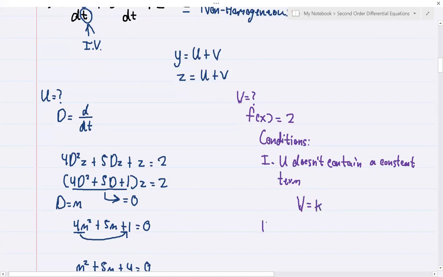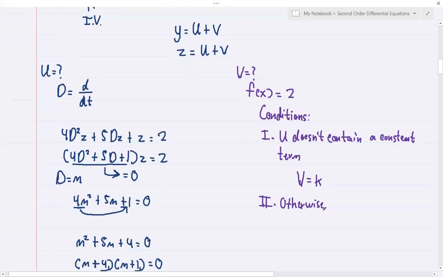The second condition is contrary to the first condition. Once again, first condition: if your u doesn't have a constant term, then your v is equal to k. Otherwise, your second condition would be v is equal to kx.